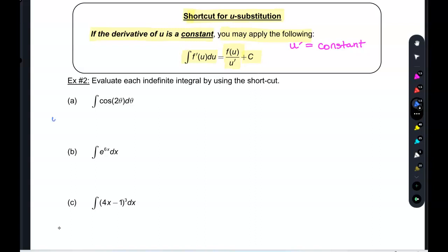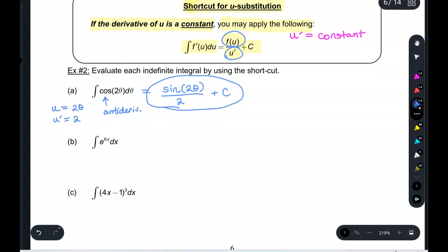So if I look at my u, it is 2 theta, see how u prime is just a constant. So what I can do is take the antiderivative of cosine, which would be sine, keep the inside the same, so sine of 2 theta, divided by u prime, which was 2, plus c. And that's it.